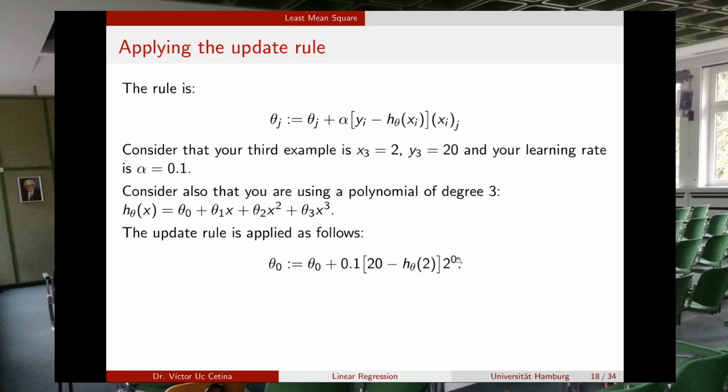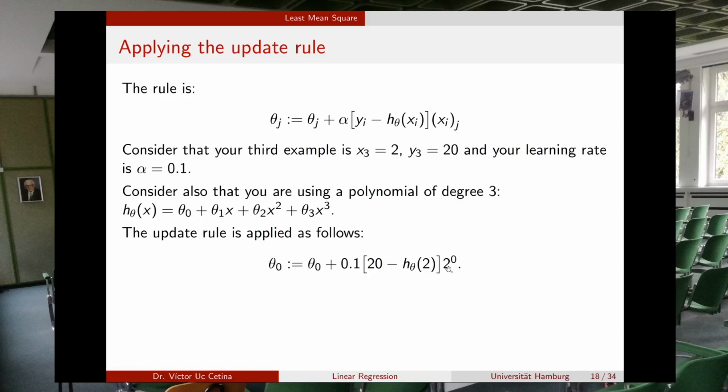And then we have this 2 to the power of 0, because the rule, remember, is telling you that you are going to put here the x or whatever it is beside the parameter j. So if we are updating theta 0, we need to put here the number that is here, which in this case is x to the power of 0, and x for this example is 2.